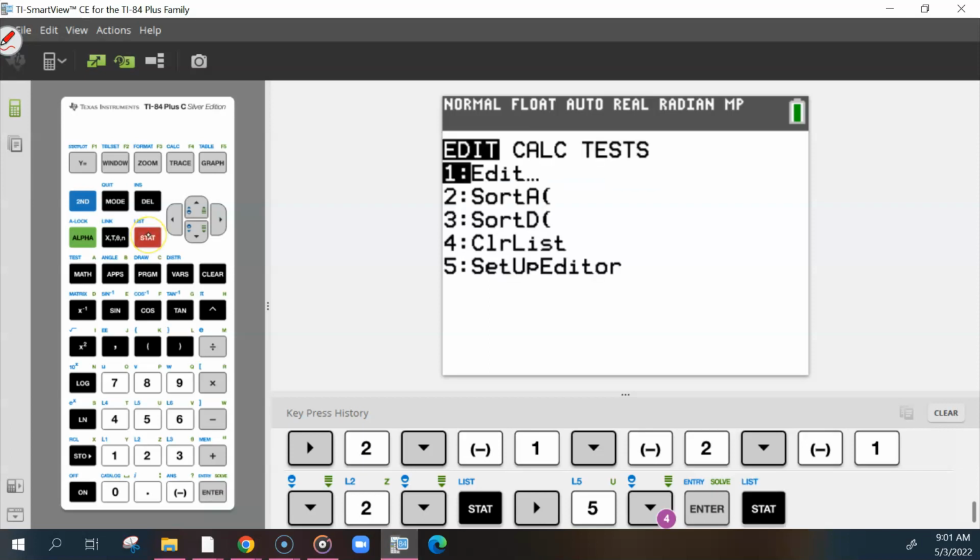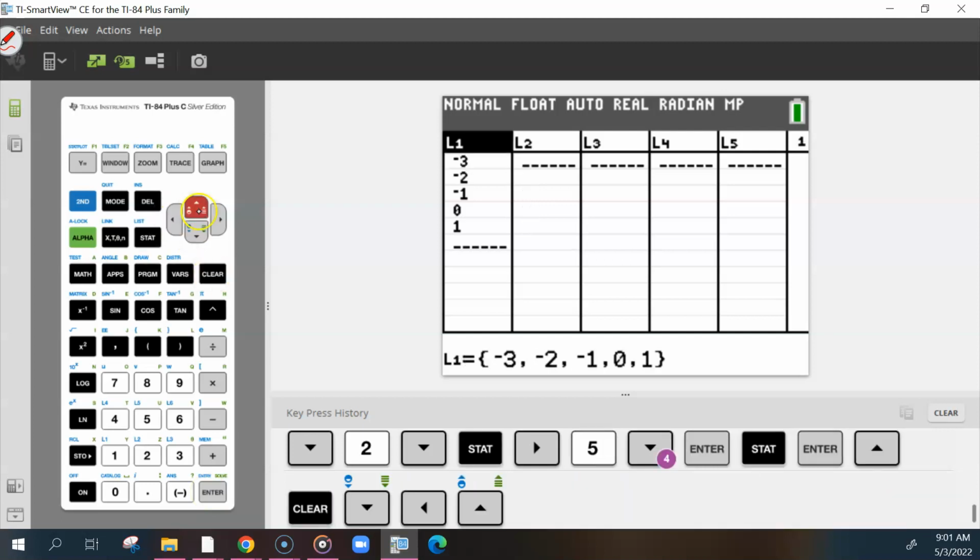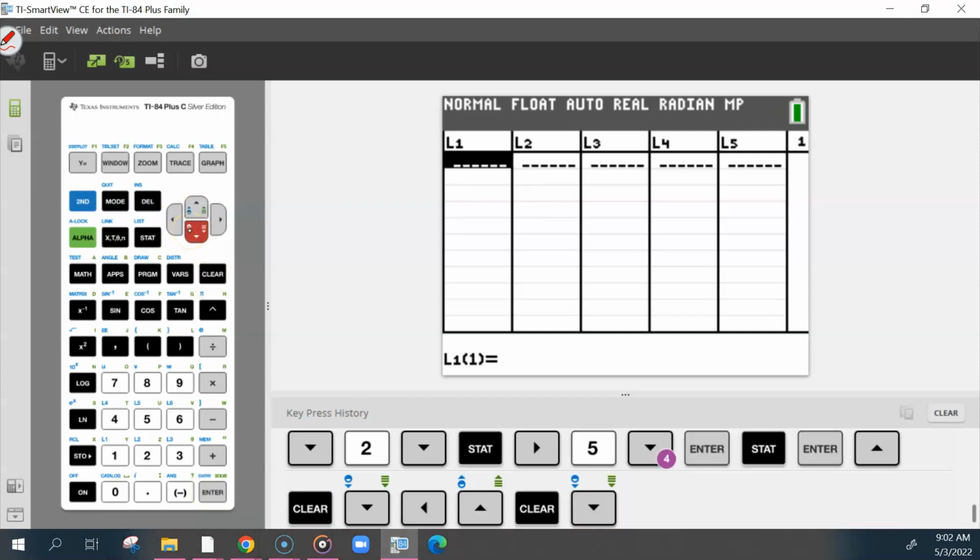So go back into stat, go back into edit. You may need to clear out your lists or type over top of them. Put in those new numbers and start to find your quadratic regression.